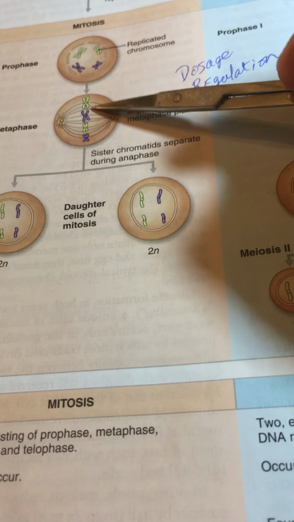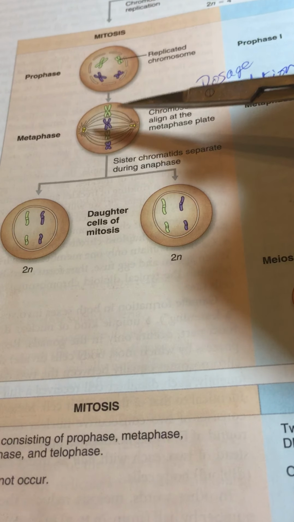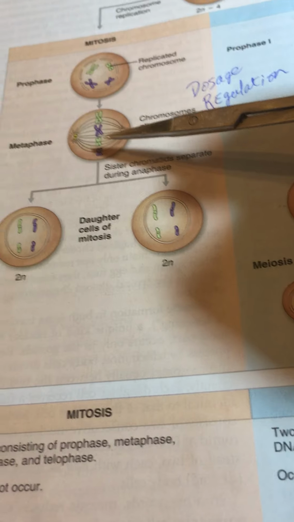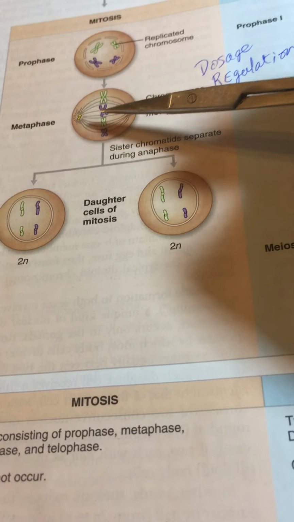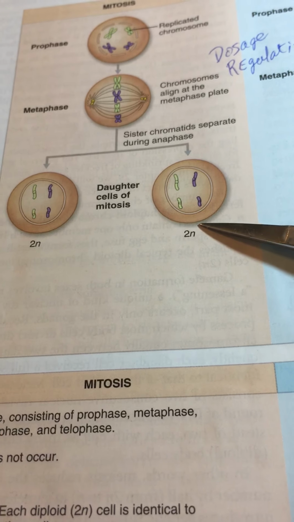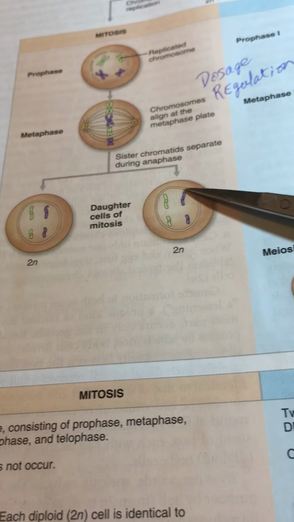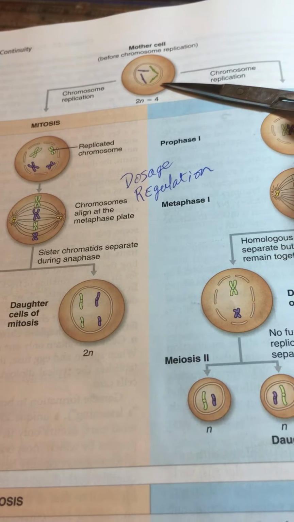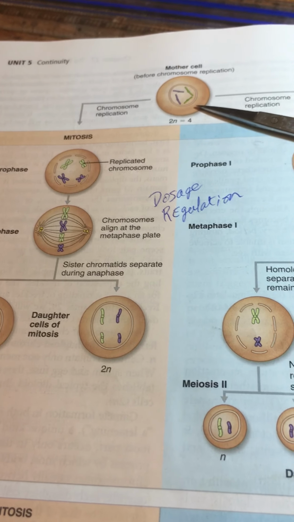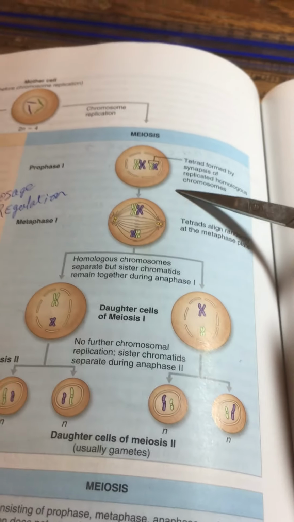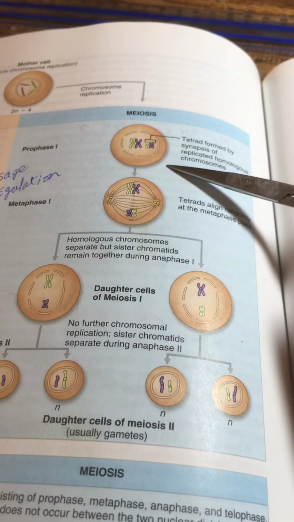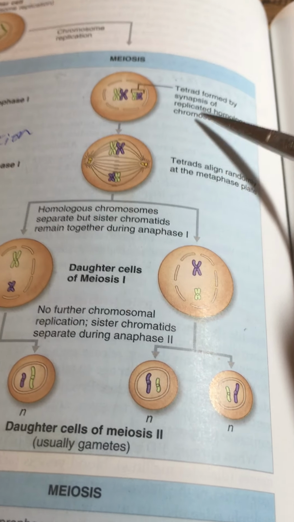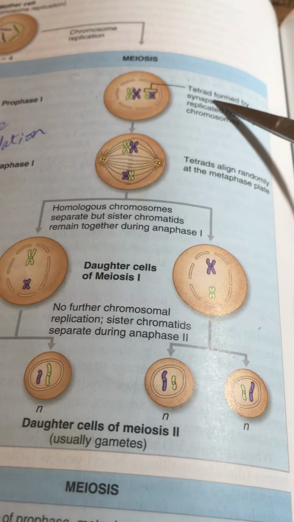There's going to be separation there of the replicated DNA molecules to each side, so that each side ends up with the same number of chromosomes as the original primordial cell. Over here we have a slightly unusual situation in which the primordial cell is displaying a tetrad.